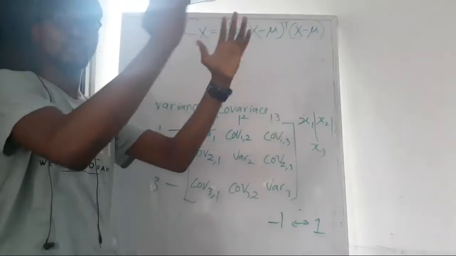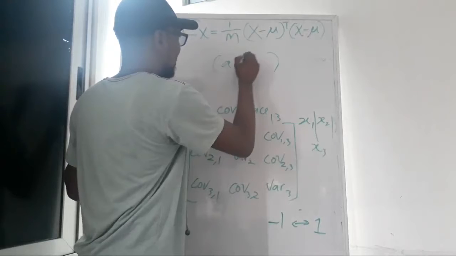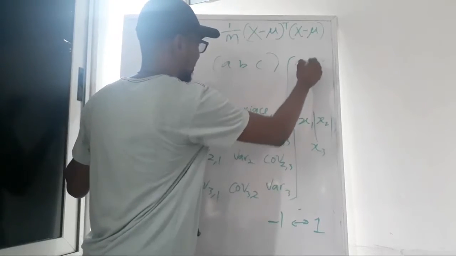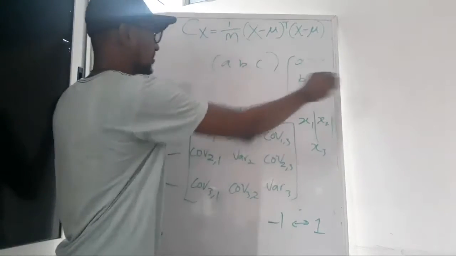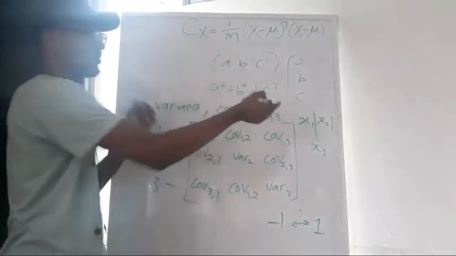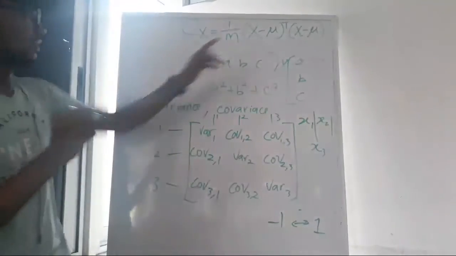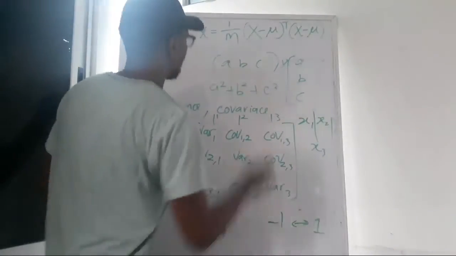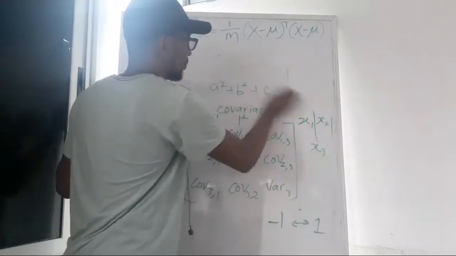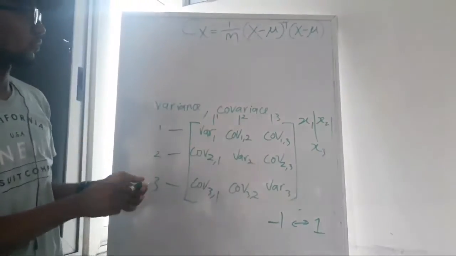You have A, B, C and A, B, C. This is a squared plus b squared plus c squared. So that's basically what is happening here, and this here will give you the covariance.